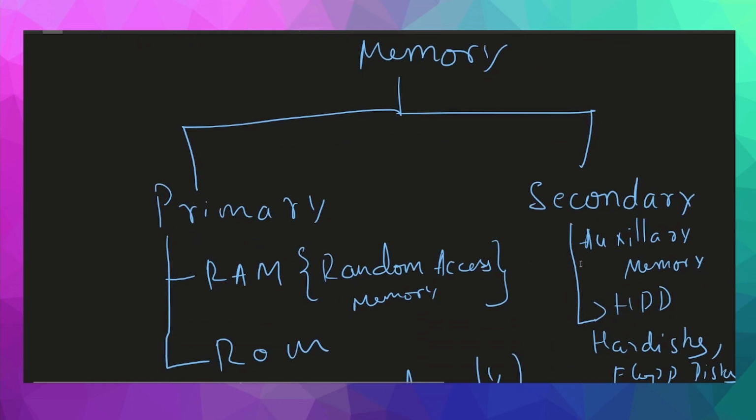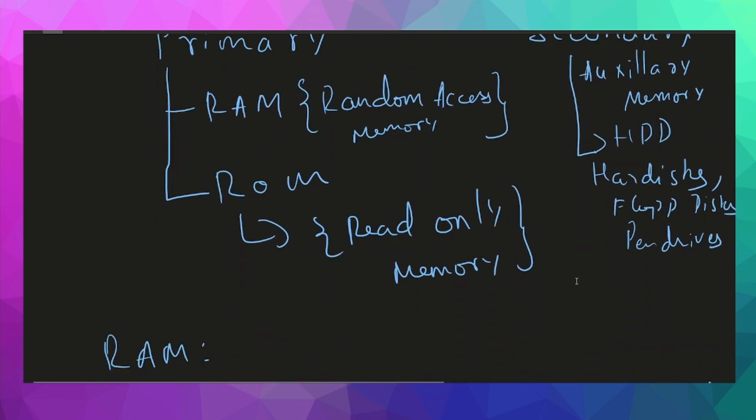This is more expensive, this is less expensive. This is volatile, this is non-volatile. What does that mean? The data will not be stored for a permanent amount of time, it'll be overwritten. In secondary memory, it's non-volatile. It'll stay. If you store something today, even after 10 years it'll be like that only, if you haven't deleted it.